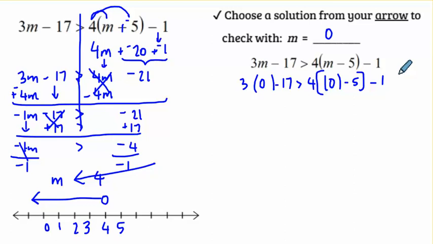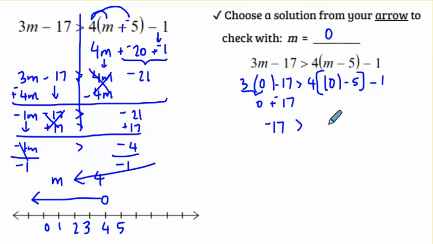All right, so we do the left side first. 3 times 0, of course, is 0. And when I subtract 17, I leave change opposite, I get negative 17 on the left side. My symbol stays the same. Okay, the only time we flip the symbol again is when we multiply or divide both sides by a negative.